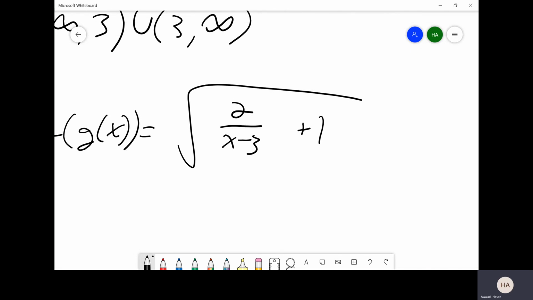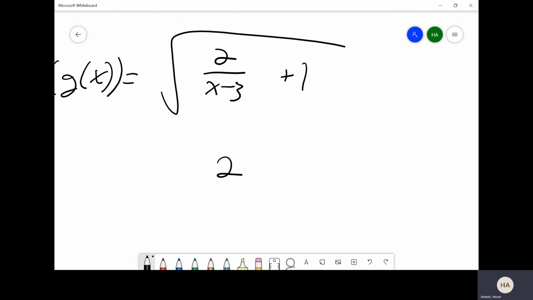Notice, once again, that we can't have a negative underneath the radical, so we want to eliminate that from happening. To do that, we make sure to set this entire piece greater than or equal to 0. So I'm going to have 2 over x minus 3 plus 1 greater than or equal to 0.